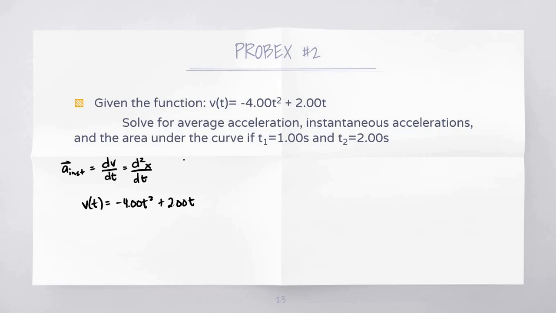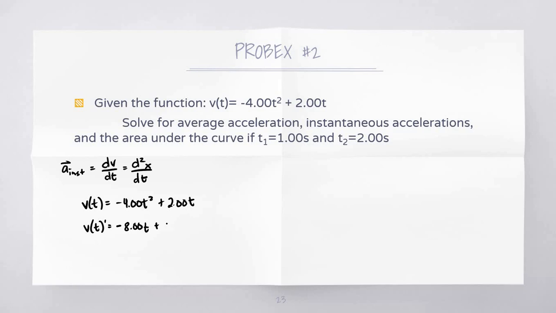So if the function is v of t is equal to negative 4t squared plus 2t, get the first derivative of this function, so v prime of t is equal to, again, what we do is copy the exponent and multiply that to the coefficient. So 4 times 2 is 8, but since it's negative, negative 8, and then subtract 1 from the exponent, so negative 8t, plus, although it's not written in here, the exponent of this 2t is 1.